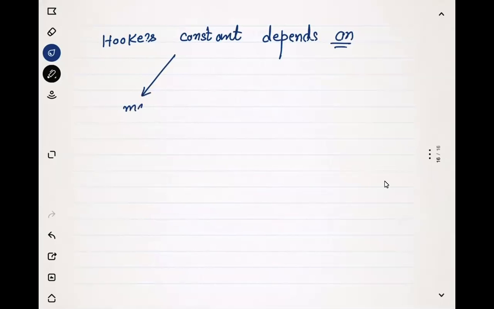So first of all, we need to understand that Hooke's constant depends on 3 factors in total. It depends on the material, it depends on the length, it depends on the area.